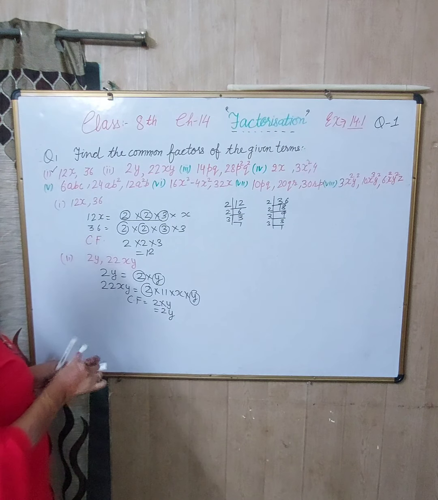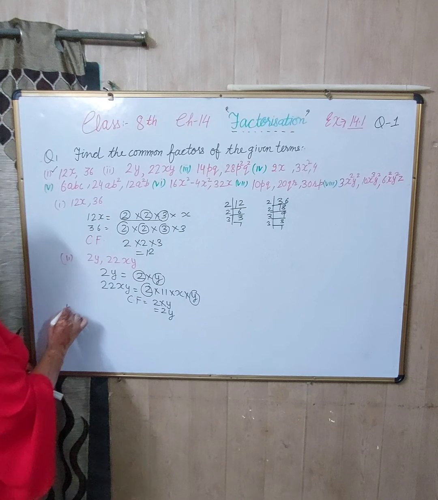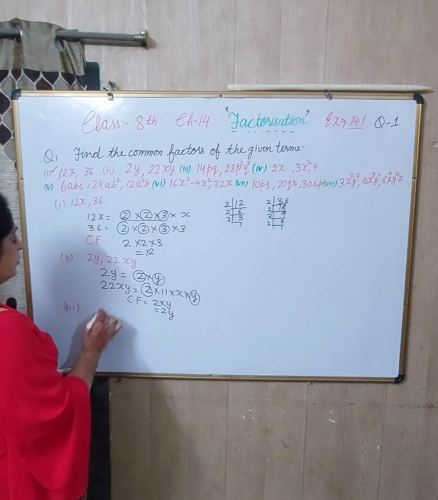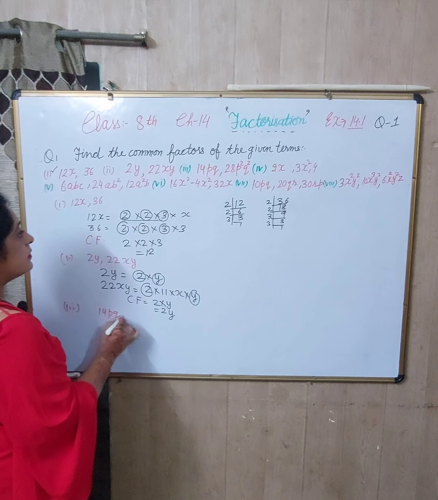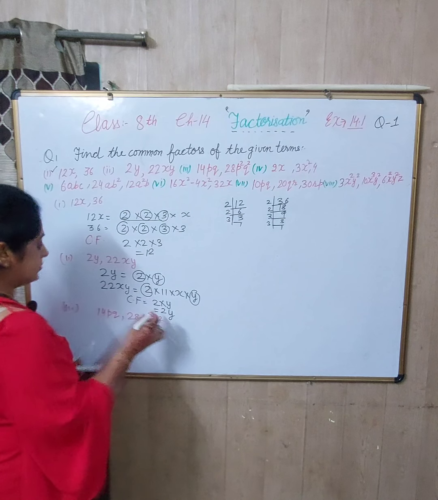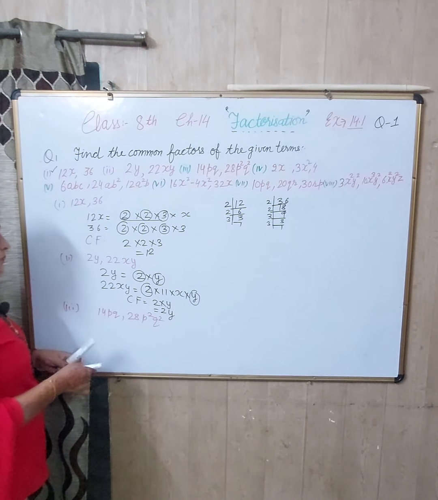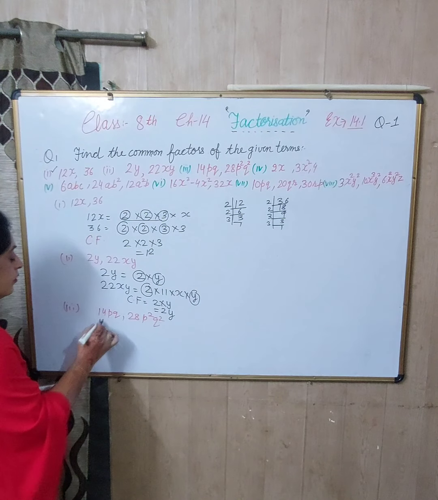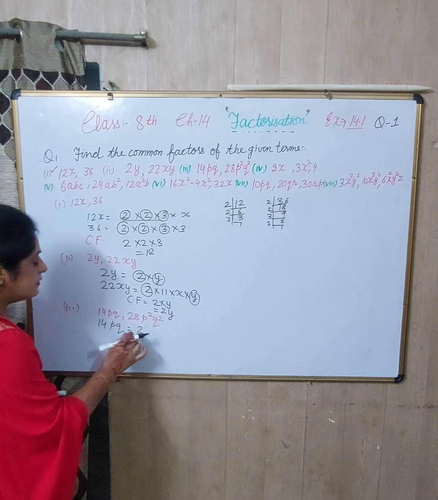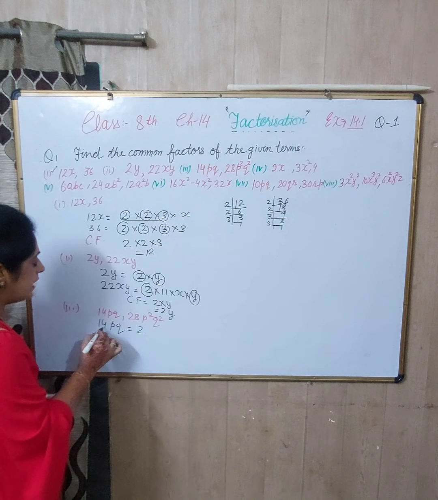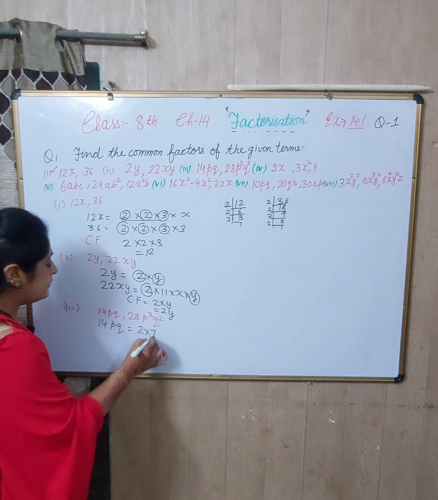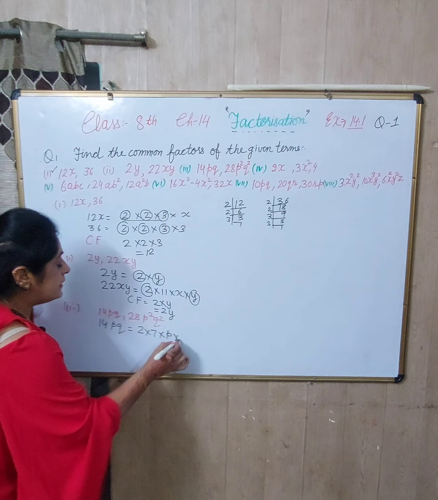Now third part. Our third part is 14pq and 28 p square q square. For 14pq, you have to tell the common factor of both the terms. 14pq you can write as 2 multiply 7 and p multiply q.